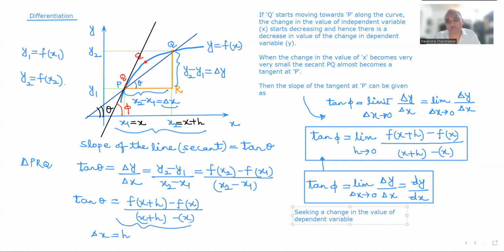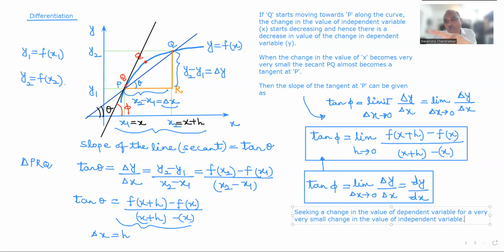So seeking a change in the value of dependent variable for a very small change in the value of independent variable. Okay. This is what differentiation is.